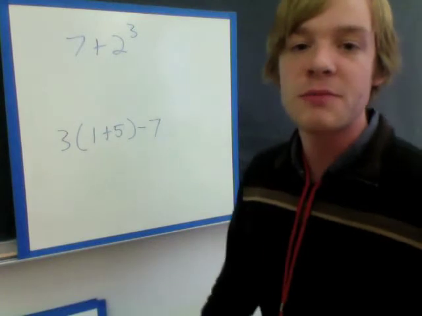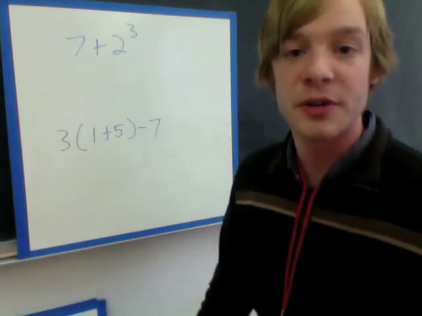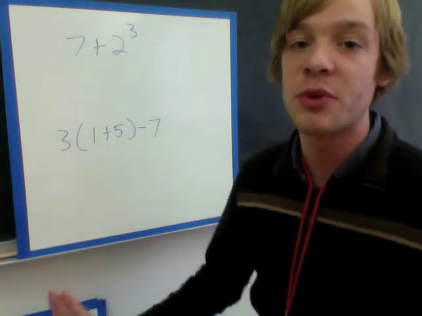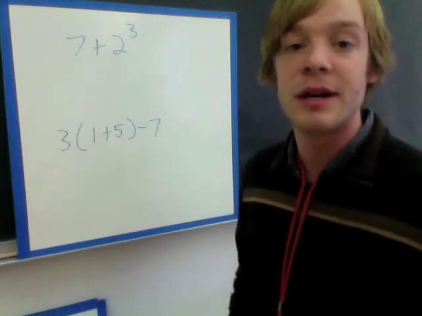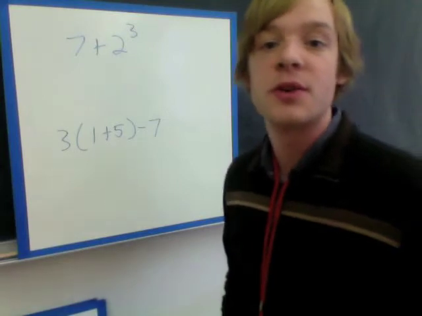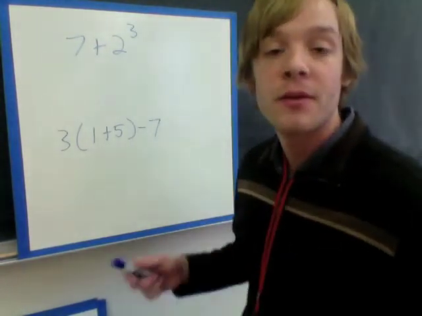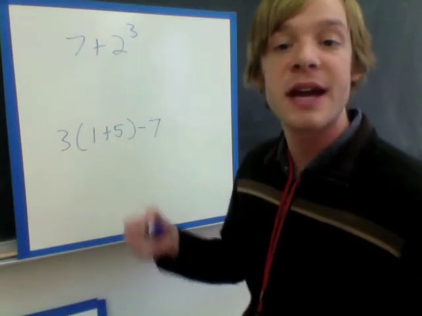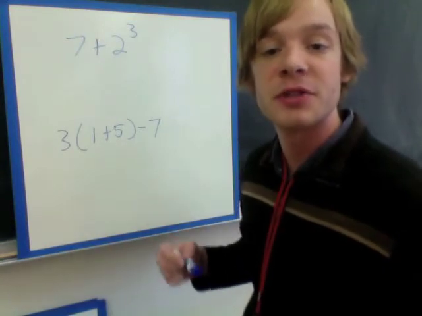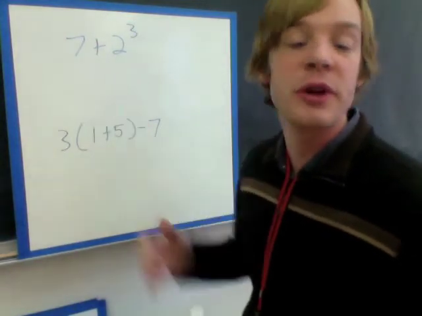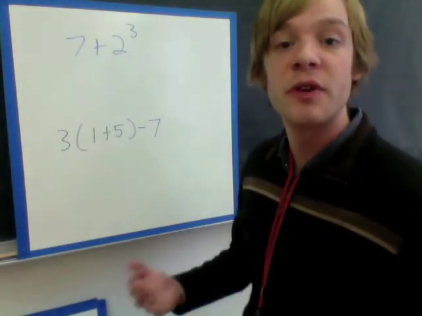Here we've got two problems where we're going to need our order of operations. If we don't follow the order of operations and we simply work left to right, we would get an incorrect answer. So if we remember, the order is parentheses, exponents, multiplication, division, addition, subtraction. So if we're looking at this first problem, we don't have any parentheses here, so we can move on to exponents.